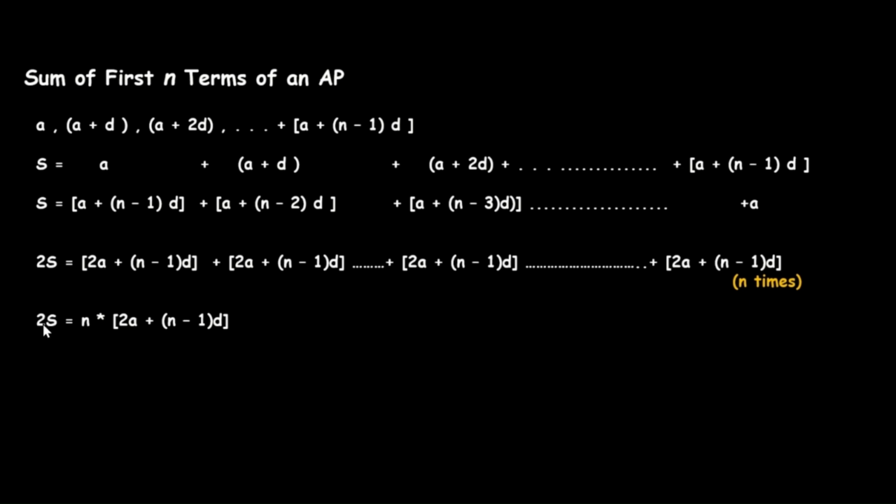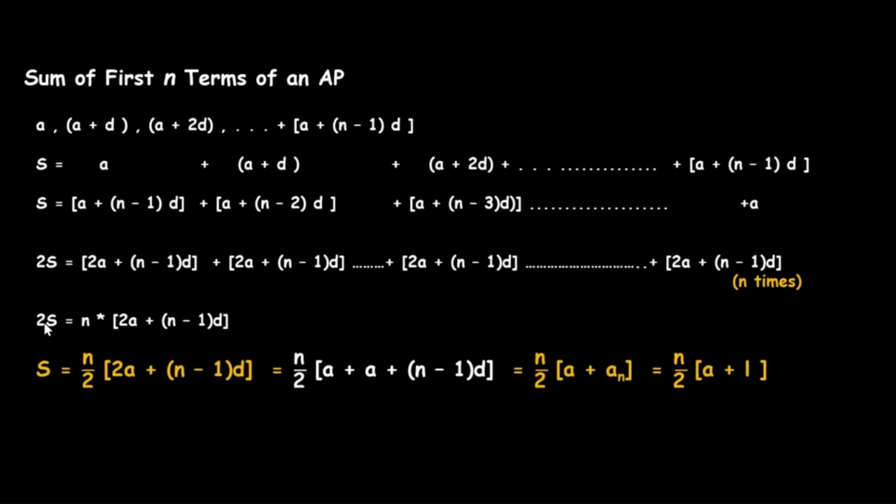So we can write 2S as n into (2a plus (n minus 1)d). Now sending 2 to the right hand side, we get the sum of the first n terms of an AP as n by 2 into (2a plus (n minus 1)d).